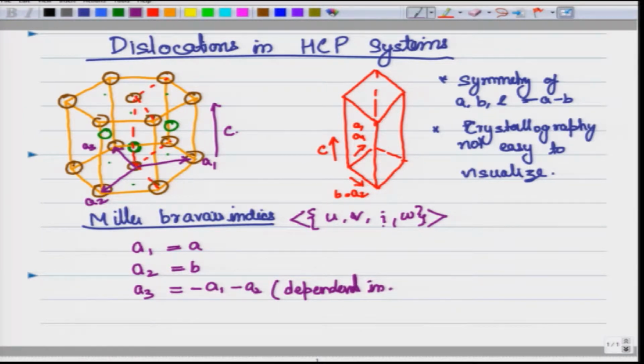This just makes it easier to visualize where we are really trying to point the index in a hexagonal system.